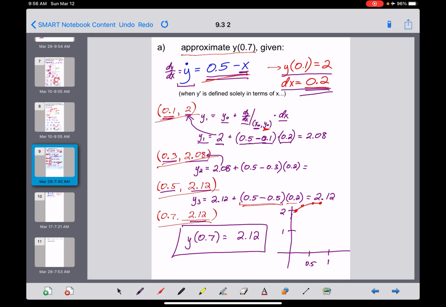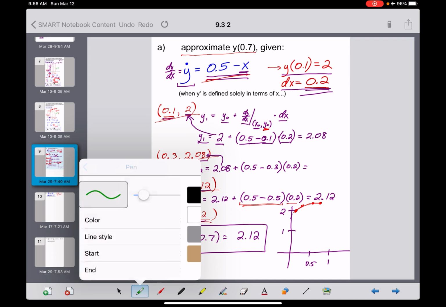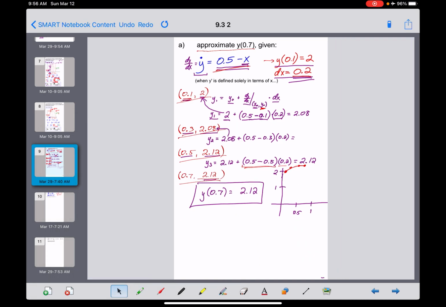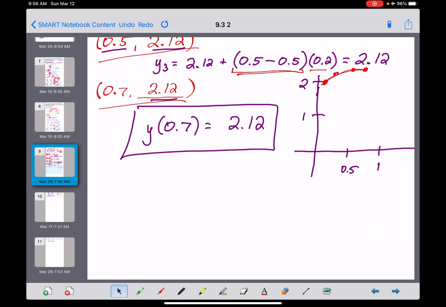Now, this is a differential equation that's easy enough that we could probably solve by hand. Again, this is not something you would need to do, but our derivative, dy/dx, was 0.5, which I'm going to write as 1/2, minus x. If I brought this dx over here and then antidifferentiated both sides, the antiderivative of dy would be y.